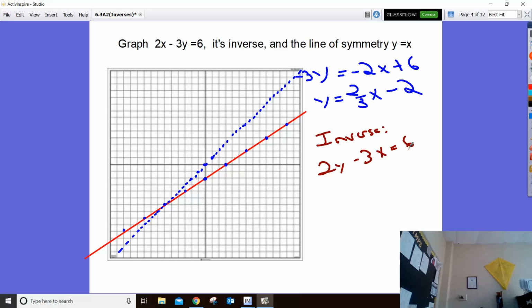So we're going to add 3x and then divide by 2. 3 halves x plus 3. I added, divided. That thing's going to cross at 3, and it will rise 3 and run 2. Or fall 3 and run 2. You should meet up at that line of symmetry.